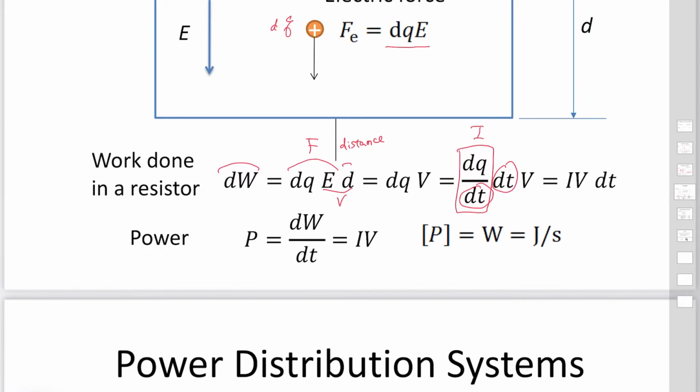So power P is expressed as dW over dt. Using this equation, power can be expressed as the product of the current times the voltage V. And the unit of power is joule per second, which is equal to the watt.